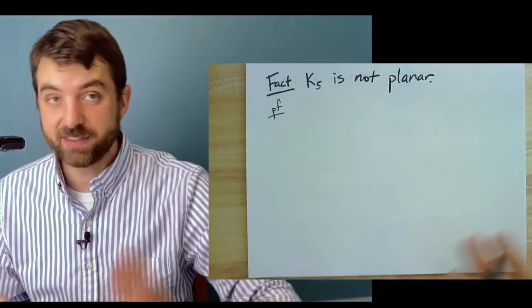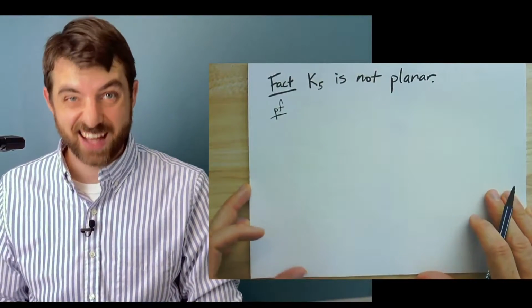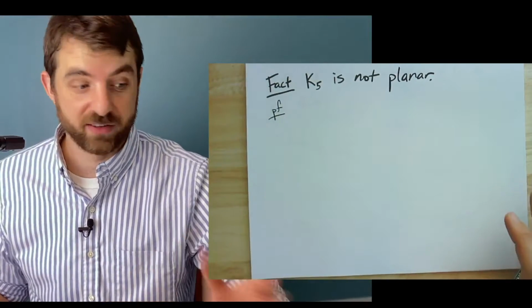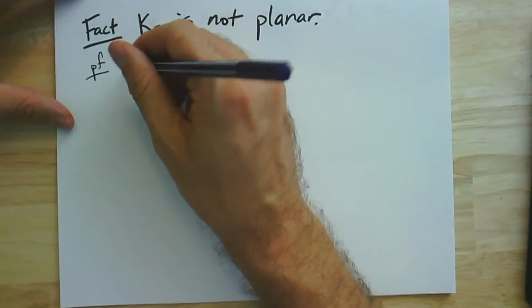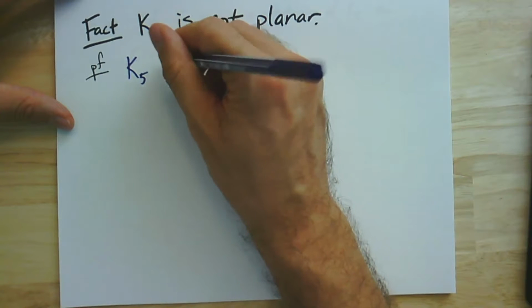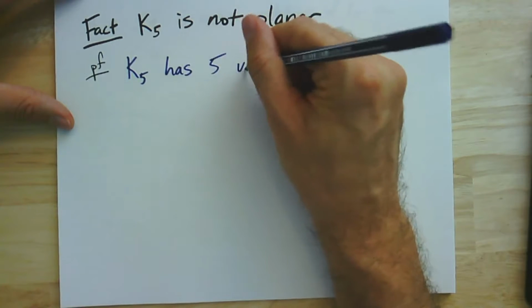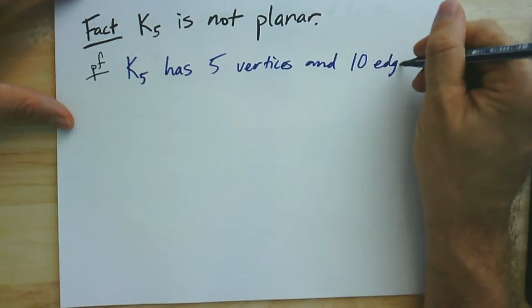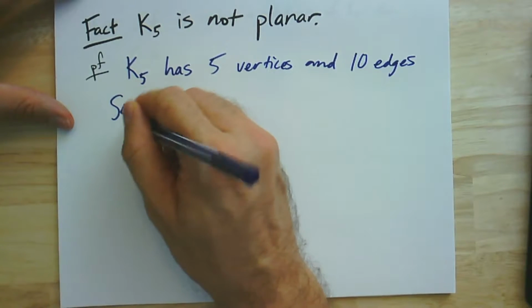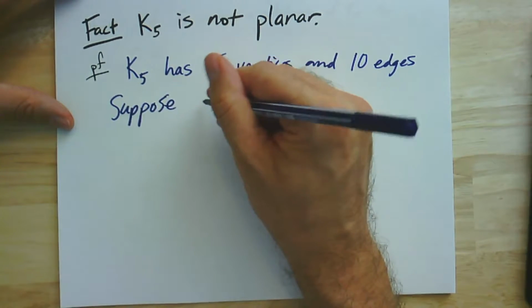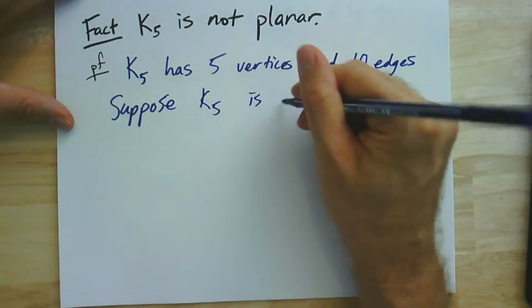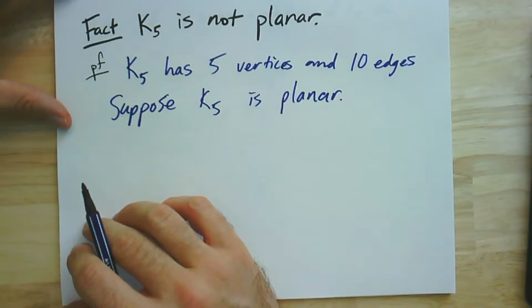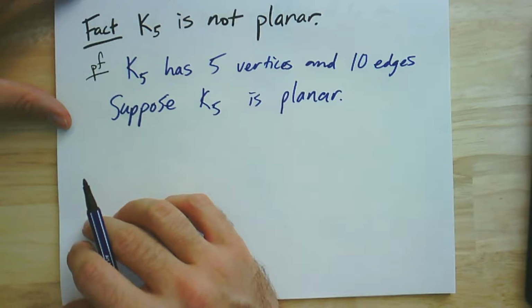All right. So it is, in fact, true that K5 is not planar. And there are a bunch of simple proofs of this fact. Here is one of my favorites. I'll start by observing that K5 has 5 vertices and 10 edges. Now, suppose, for contradiction, that it is planar. We know there's some maximum number of edges that can appear in any planar graph.